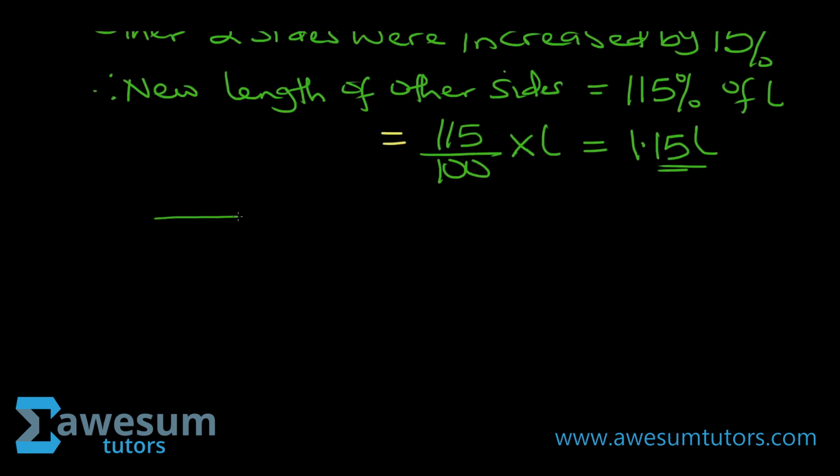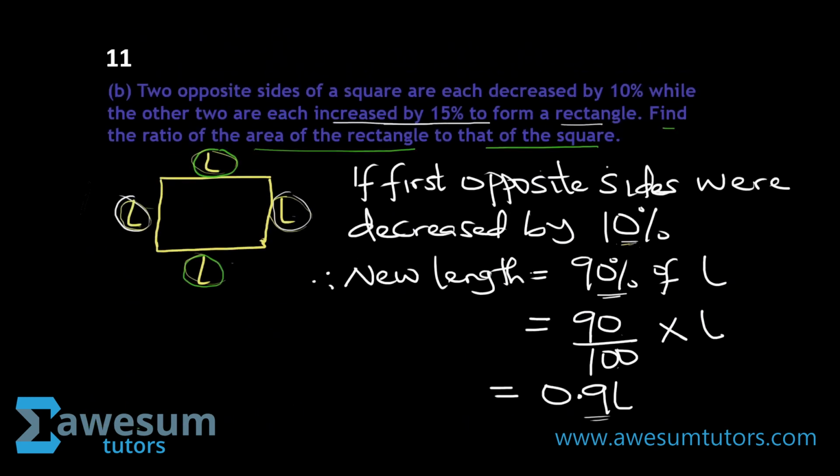So now this is what I have right here. This side was decreased, so now I have 0.9 L. And these other sides of the square, this side and this side, were increased by 15%.